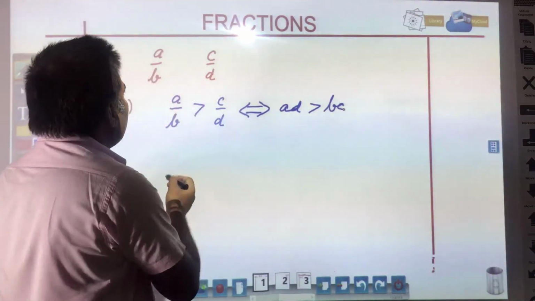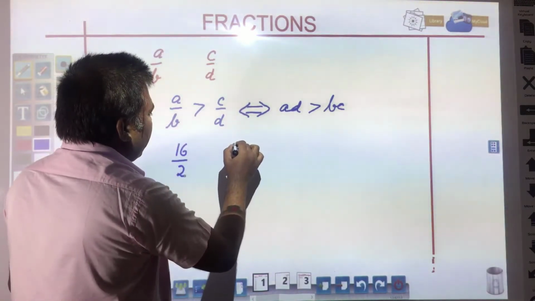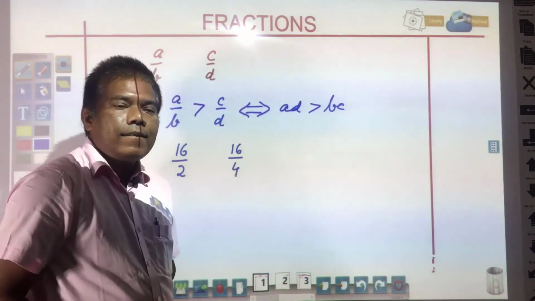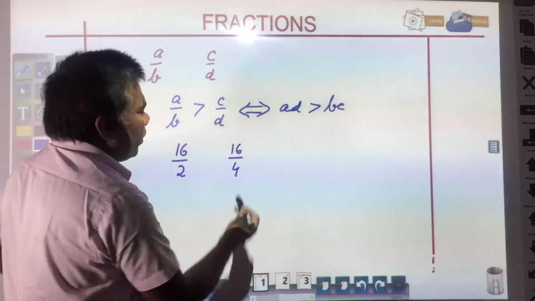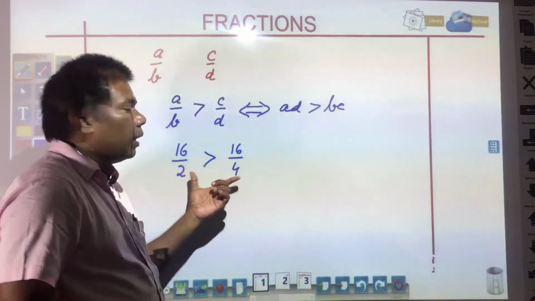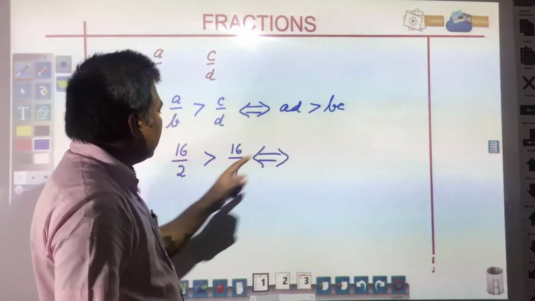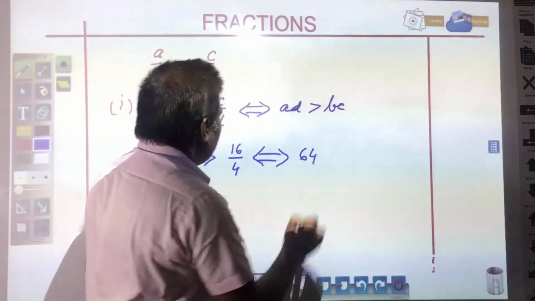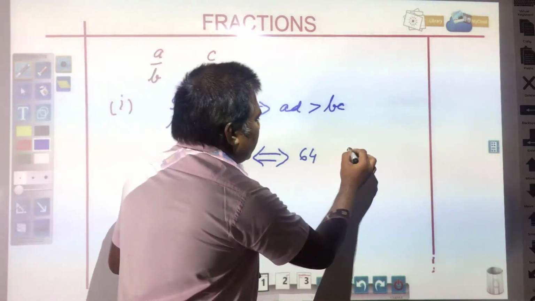By example, you see, 16 by 2 you have, and you have 16 by 4. Now you see which is greater. 16 by 2 is greater than 16 by 4, and if this is greater, then what is true? This will imply AD means 16 into 4, 64, and BC means 2 into 16 is equal to 32.